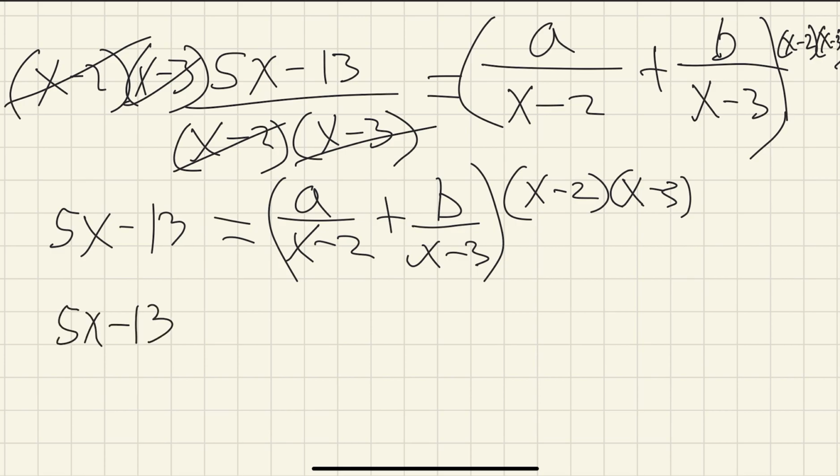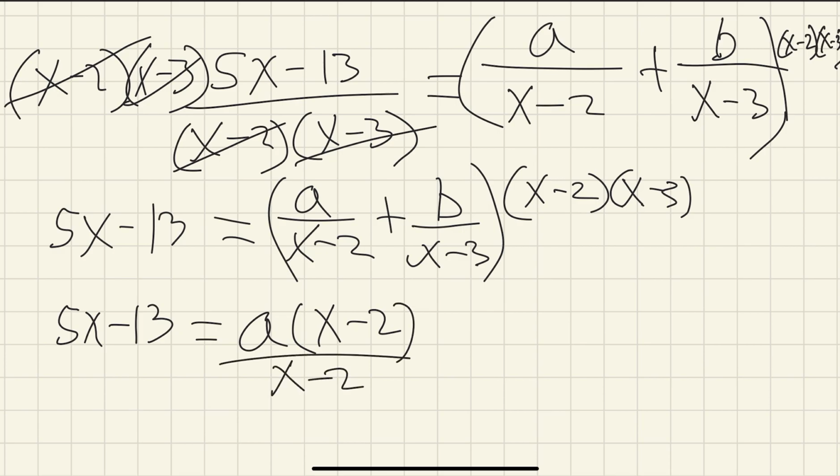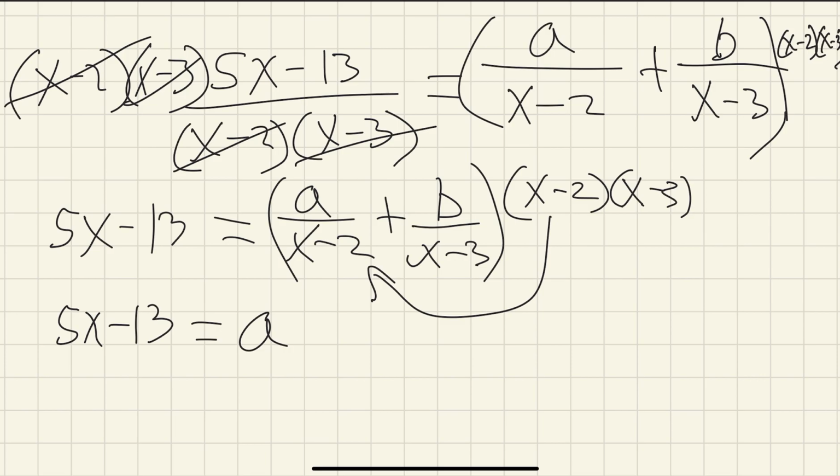Our left-hand side stays the same. Now for this left term, we need to multiply this into here and then this into here. Let's start with the x minus 2. We get A times x minus 2, and this is over x minus 2. But the cool thing here is we're going to get cancellations. When we multiply this first term in, it's going to cut out our denominator.